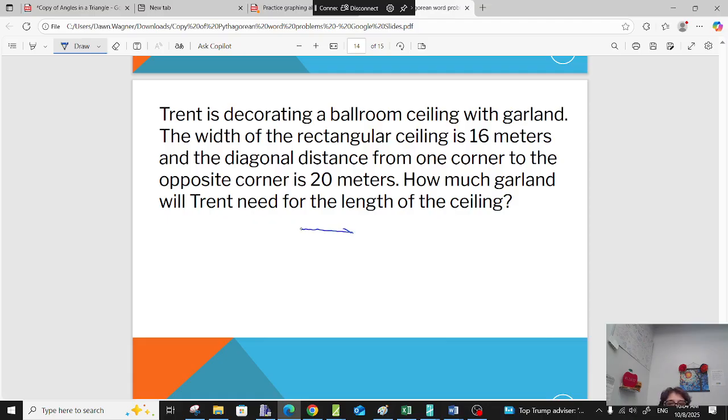So if I'm like this, it's saying that this is 20 because that's a diagonal, right? Length and width really doesn't matter which one you call length and width because I could turn a rectangle around.